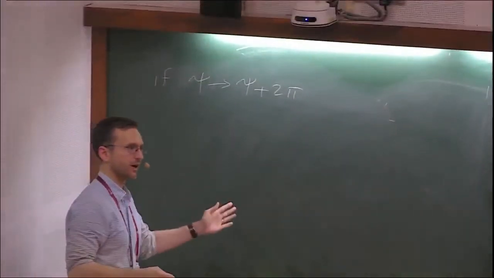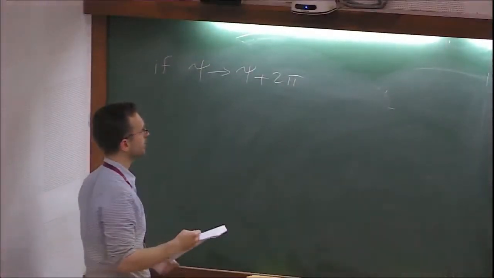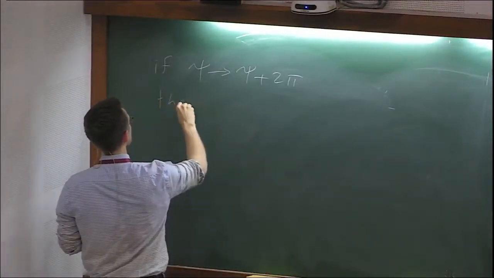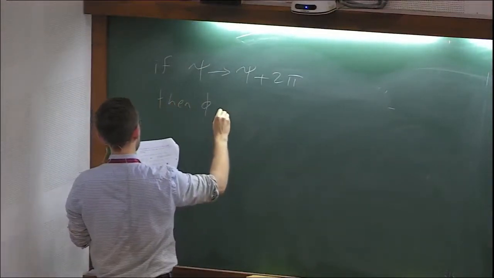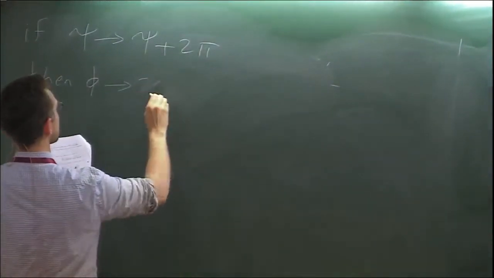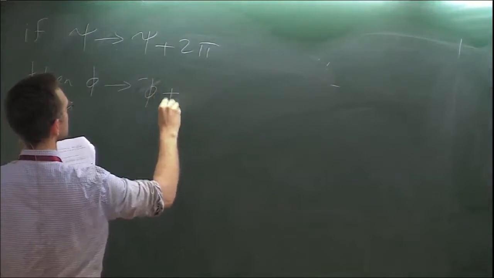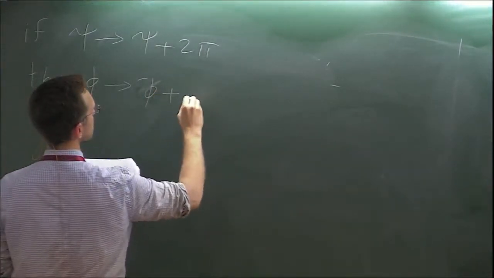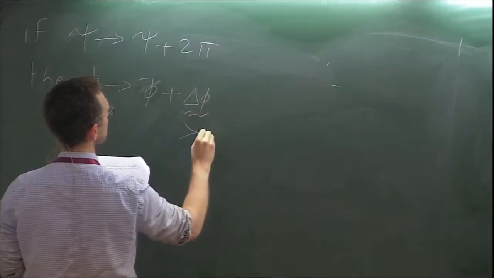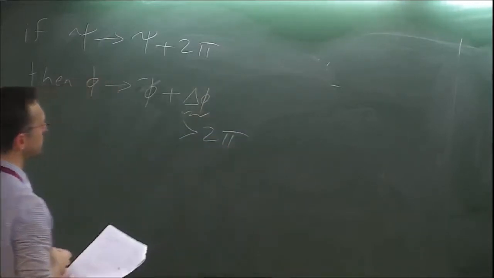Then you go through one full radial cycle. r goes from, say, R min to R max back to R min. But then phi goes to phi plus some number delta phi, where this is strictly bigger than 2 pi.